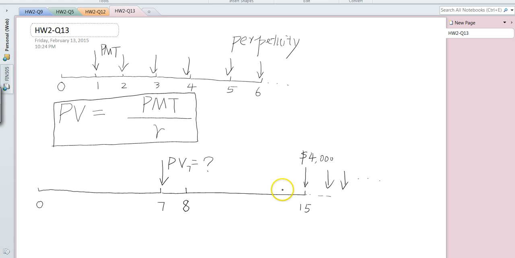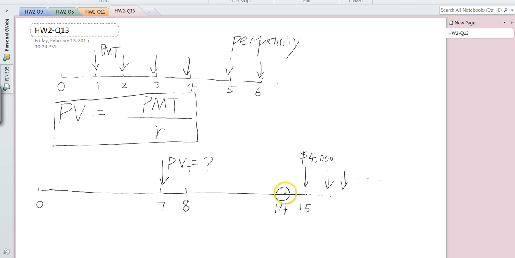But we can still apply that formula, but then we have to move our base, right? Similar to what I discussed for question number 12. So suppose we stand at year 14, okay? So we move our base to year 14 now. So relative to year 14, when we look forward, year 15 becomes the first year.